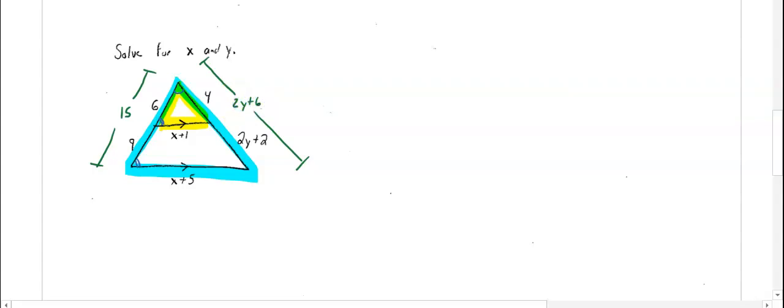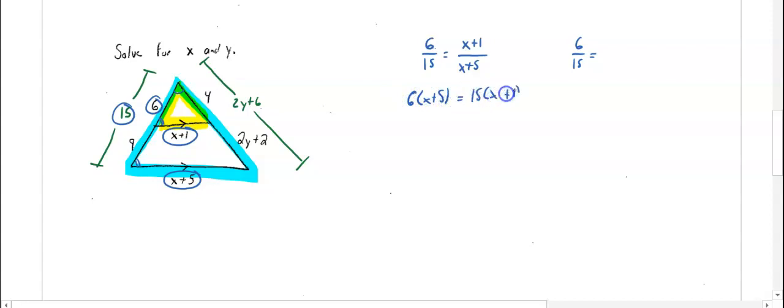Now, when we go to set up a proportion, we notice that one side of the triangle has numbers, 6 and 15. So we are going to use that ratio, 6 over 15, twice. So to solve for x, we have 6 over 15 equals x plus 1 over x plus 5. When we cross multiply, 6 times x plus 5 equals 15 times x plus 1.